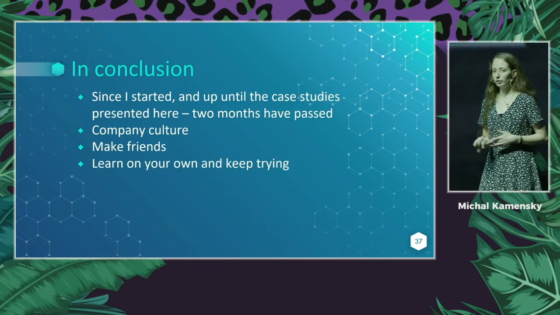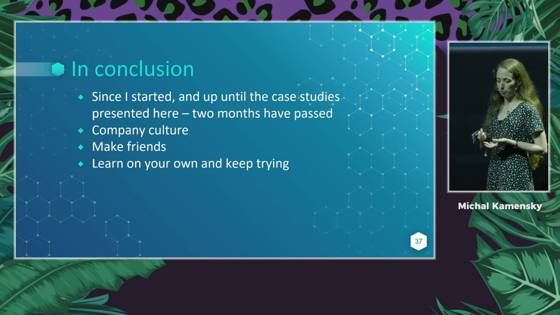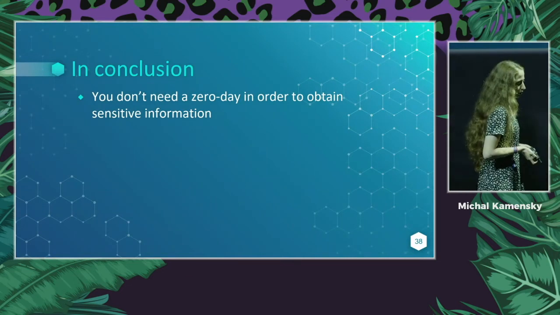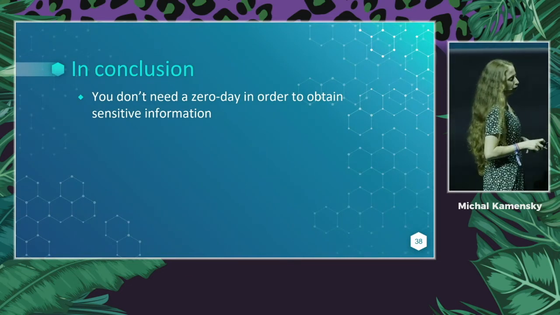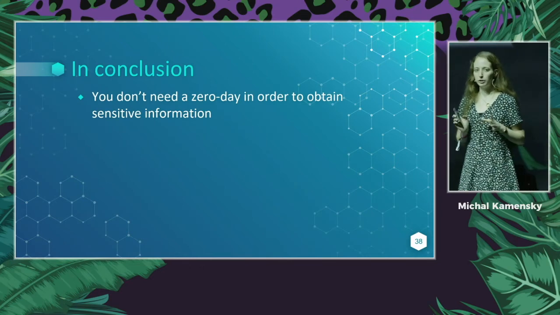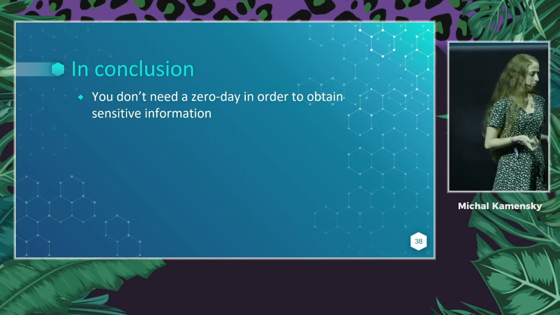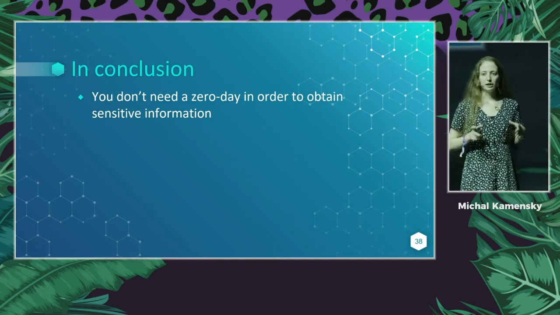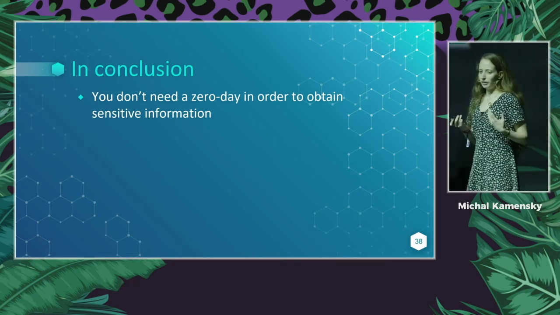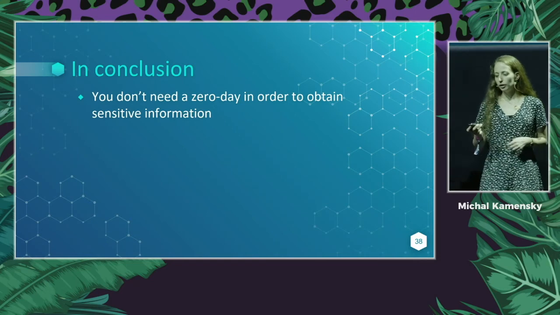And there are no shortcuts, just learn on your own and keep trying. And about the technical stuff, the main thing I learned, there is all this cool stuff, all these vulnerabilities, 0 days, but at the end, the main vulnerabilities are just stuff that gets misconfigured, and you can find a lot of sensitive data this way, and that's it.